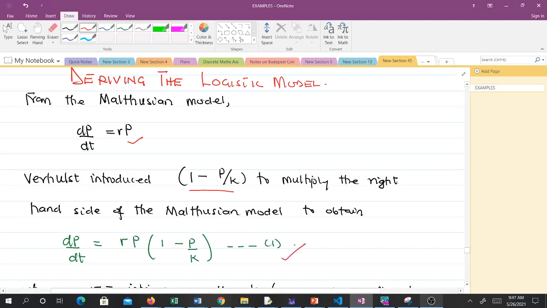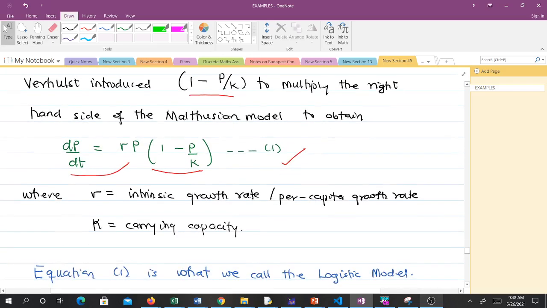So you can see this is the Malthus model, but he just multiplied by this and we had the logistic model. So equation 1 is what we call the logistic model, okay? And the r there is the intrinsic growth rate or the per capita growth rate, and the K is the carrying capacity, okay? All right. So this here is the logistic model.